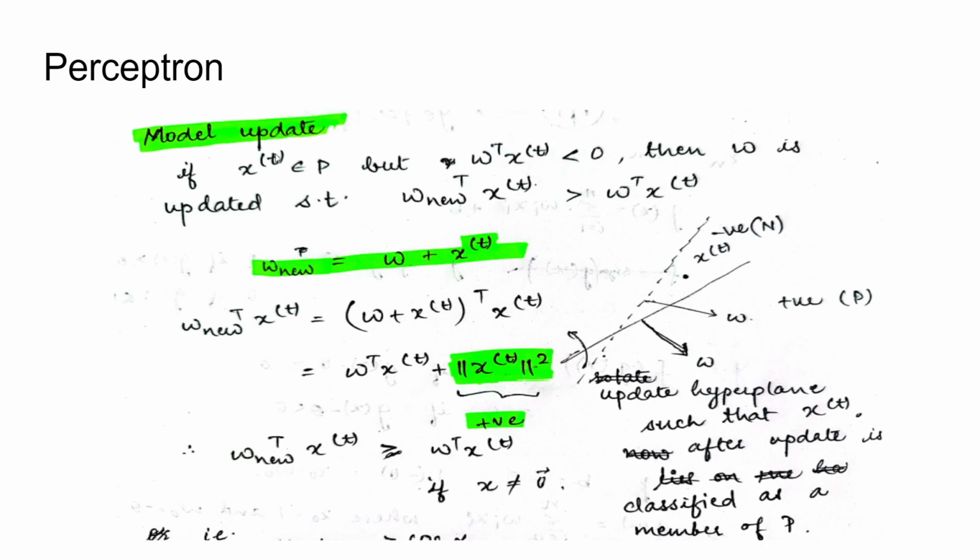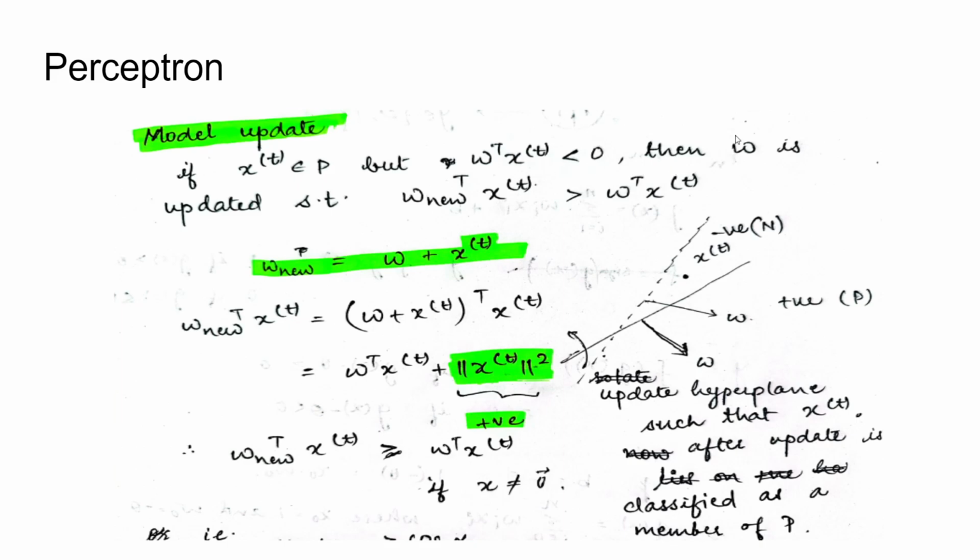So if x of t belongs to p, it means that the label for x here is 1. But what is happening is that, given the w, there is a misclassification, which means that though this x belongs to the positive class, it is being predicted as an instance of the negative class.